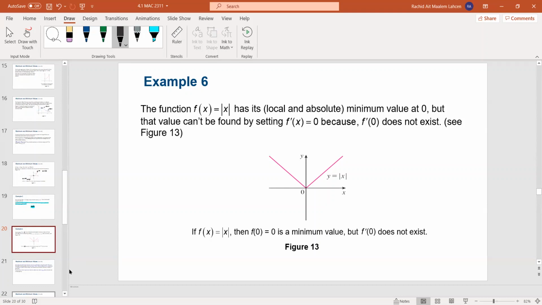But that value cannot be found by using the derivative because f prime of 0 does not exist, as we saw in the past, because the left-hand limit and right-hand limit are not equal. And you see here, however, there is a local minimum, an absolute minimum at 0.